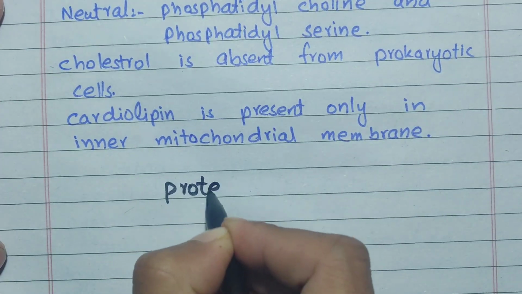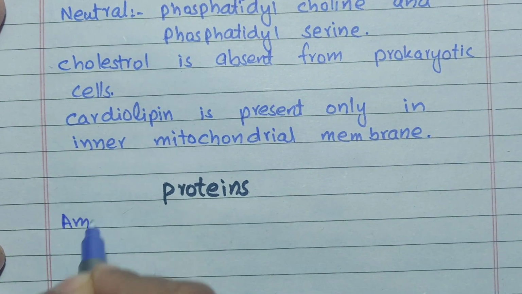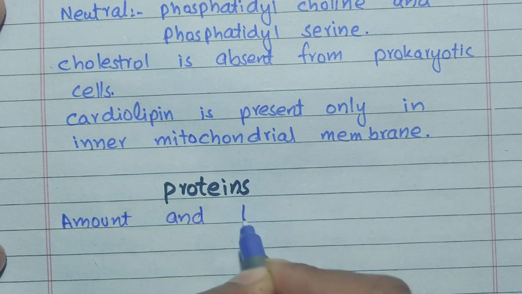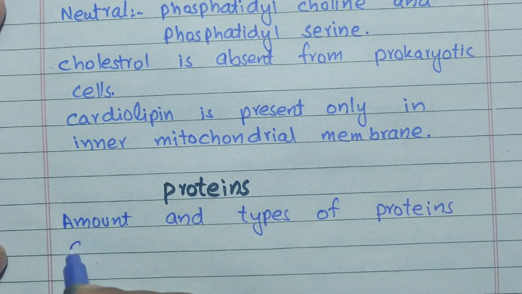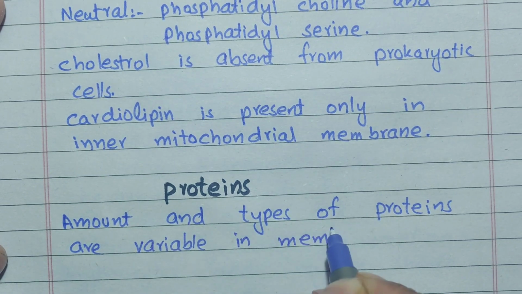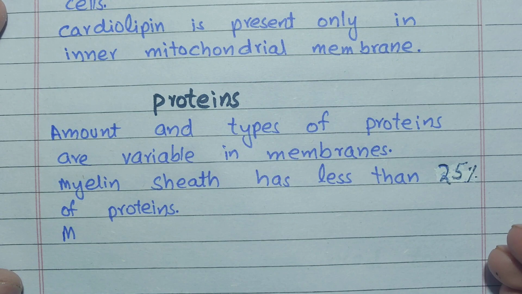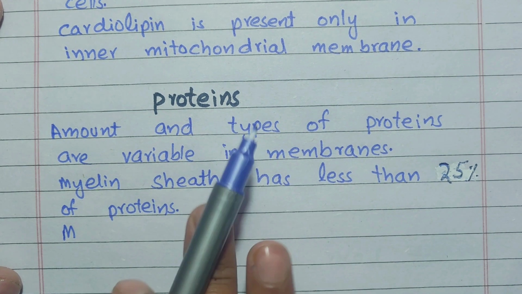Second chemical constituent of plasma membrane is proteins. Amount and types of proteins are variable in membranes. Myelin sheath has less than 25% proteins.